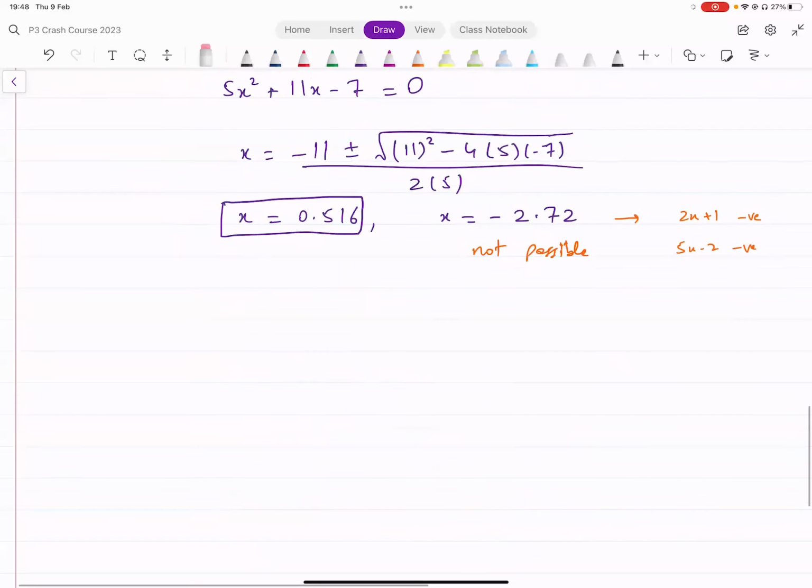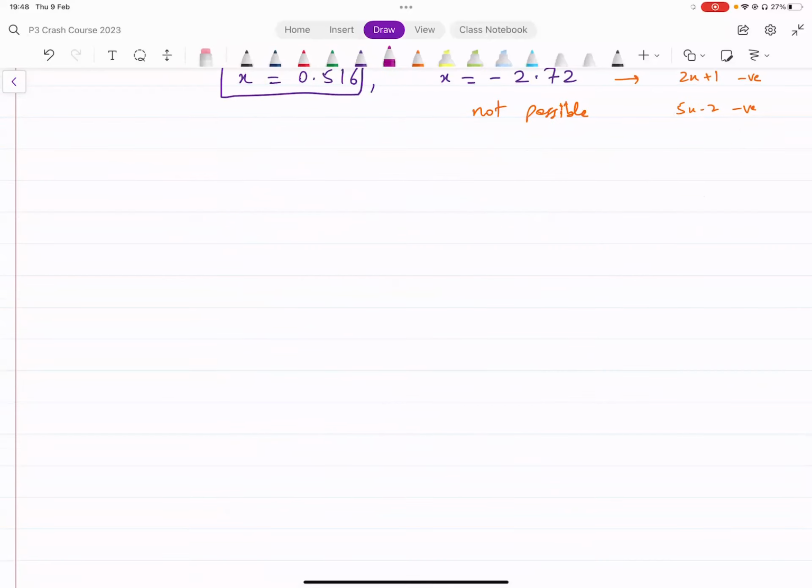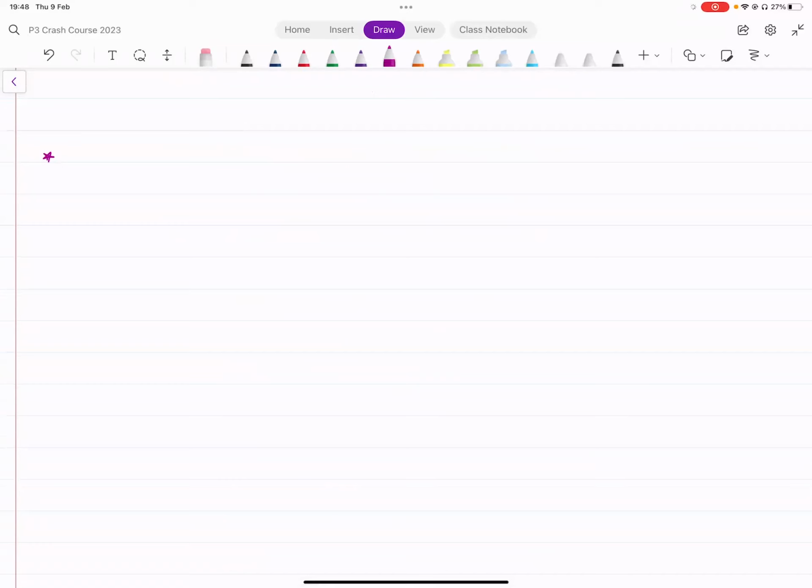Now let's say we've got this equation. I'm going to write another equation here, and it looks like this. Let's say you want to solve ln of x equals 6 plus ln of 2x minus 1.